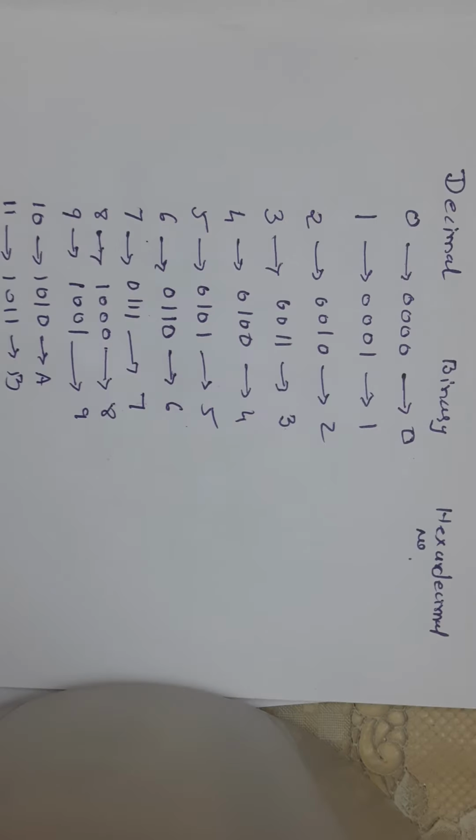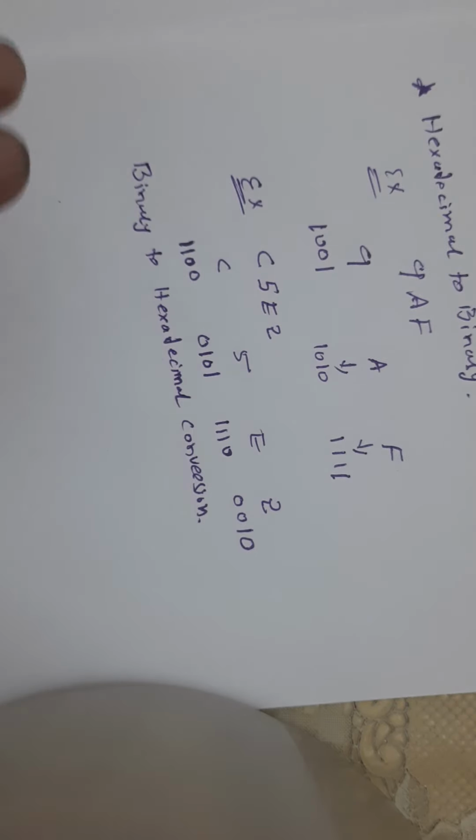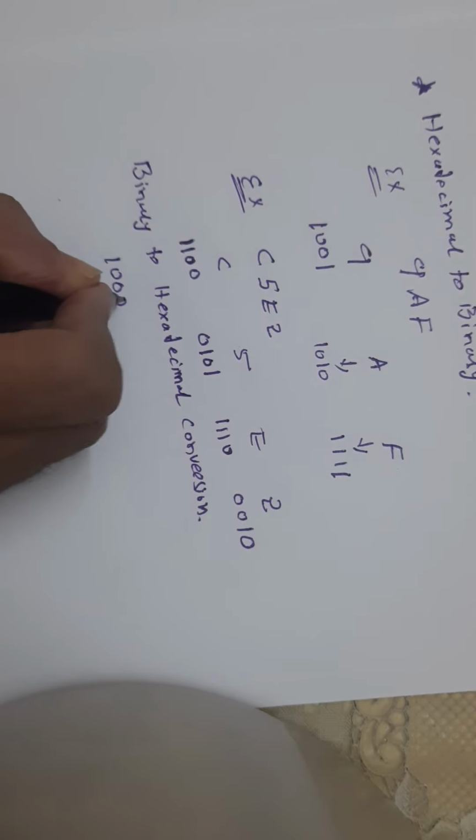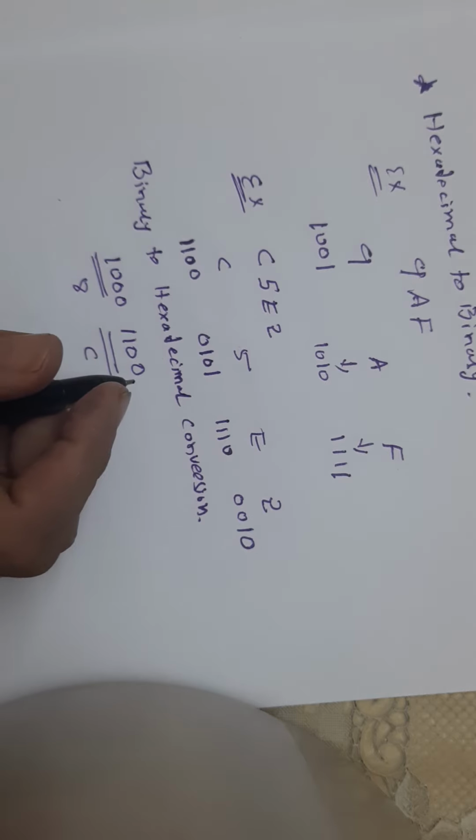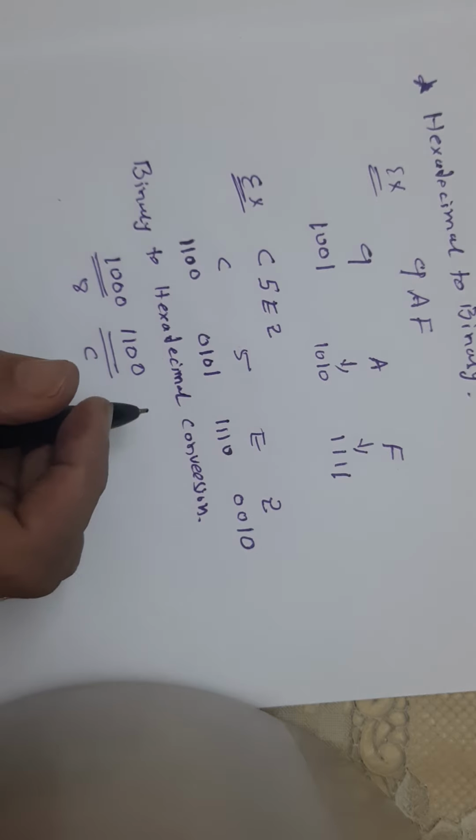With the help of this table, you can convert this. For example, 1000 and 1100. So for this there is an 8, and for this there is a C. In this way, we convert the binary number into hexadecimal and hexadecimal into binary.